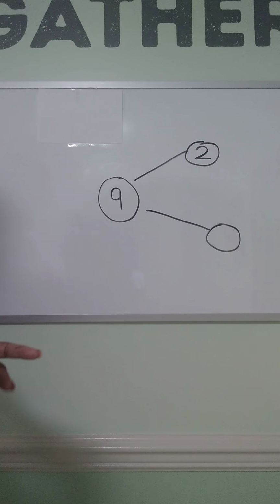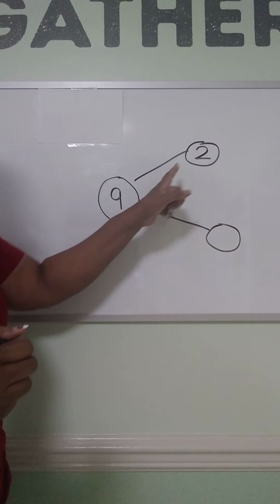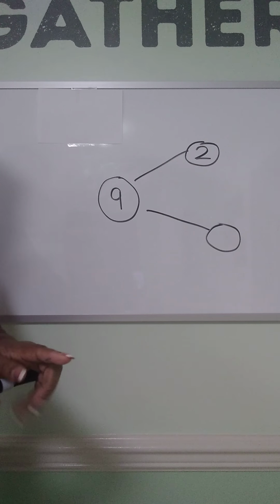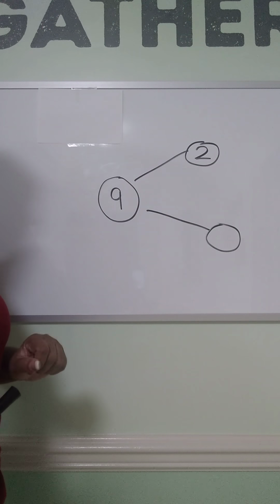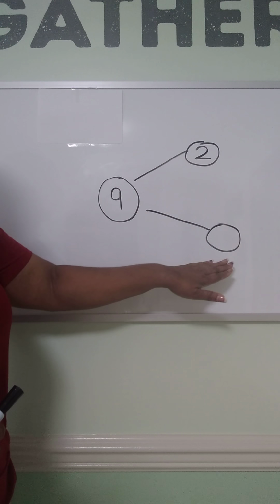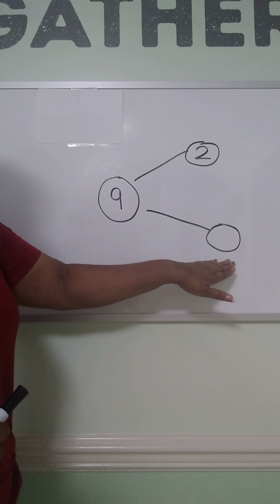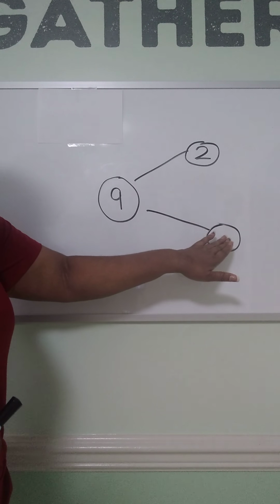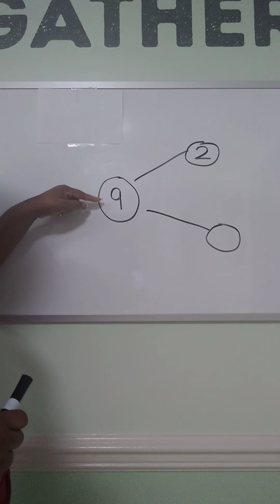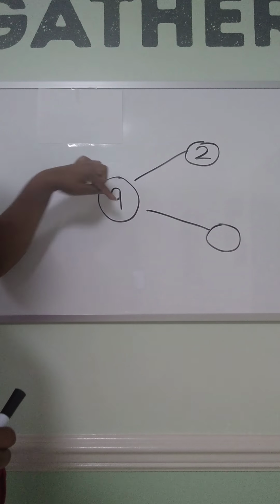Okay? You have a 9 and a 2. Remember, you always focus on the numbers that are there. Okay? You're trying to get the number that's not there. You're going to do figuring to get this number. So we're dealing with the 2 numbers that are there.